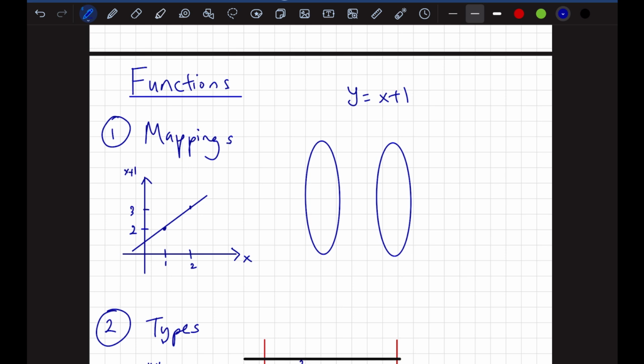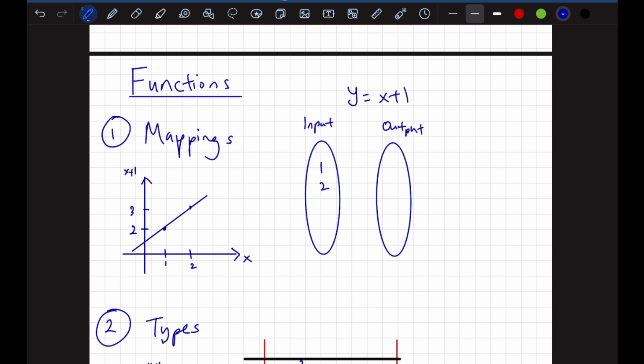Okay, so a mapping is a very similar concept to what we have just done. Now, the input values that I just gave for x, 1 and 2, we consider them as inputs. And we'll put them into this oval diagram, 1, 2, all right? And the outcome, which is basically the y value, we call it the output.